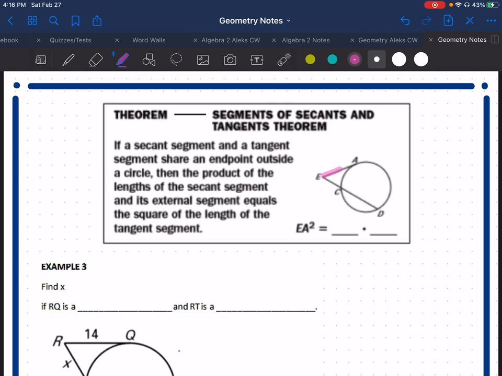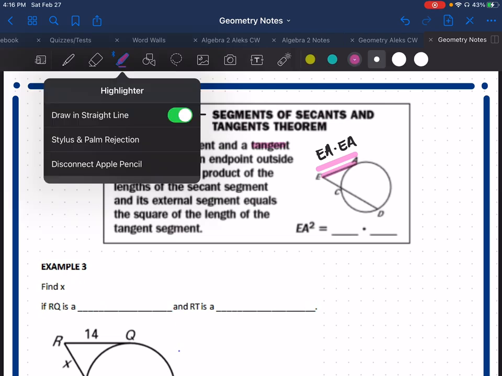All right, so let's use our highlighters to help us out. EA squared. EA is my tangent segment. So this is my tangent segment. What I'm going to do is square it, or basically multiply it by itself. I'm going to do EA times EA, right? Because that's what squaring it means.